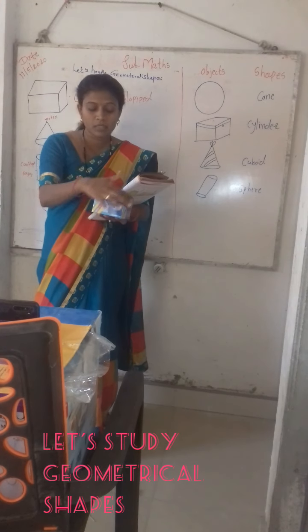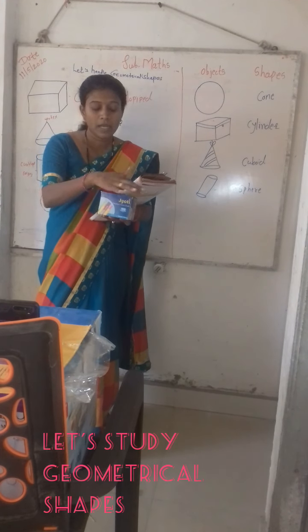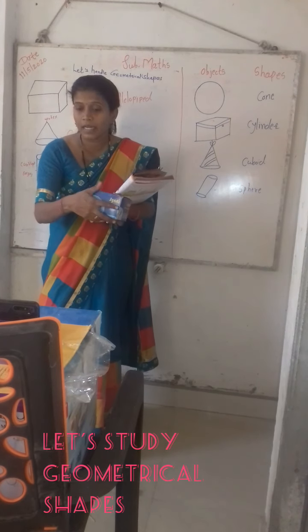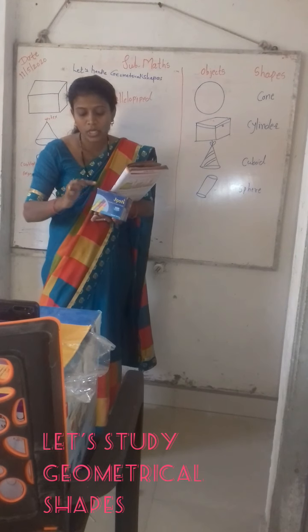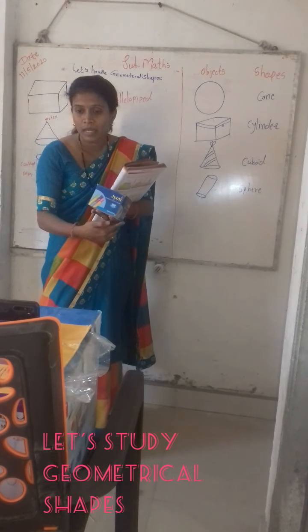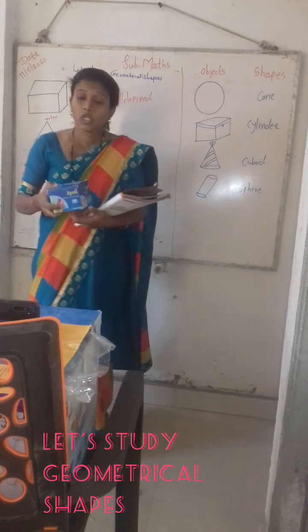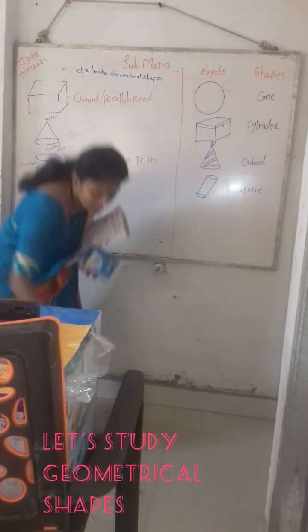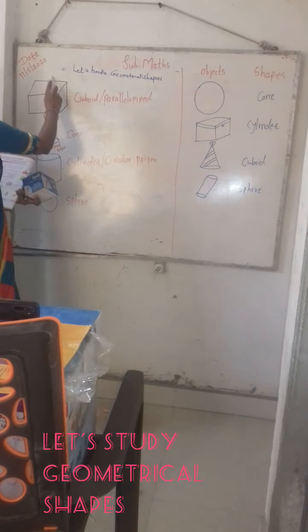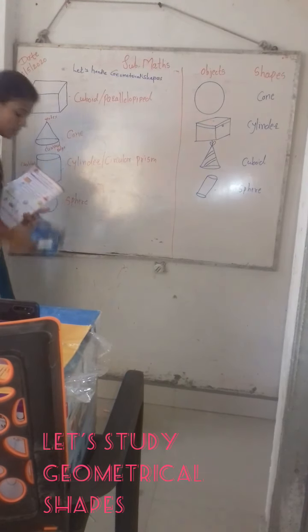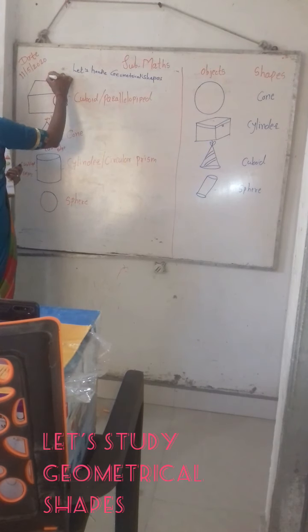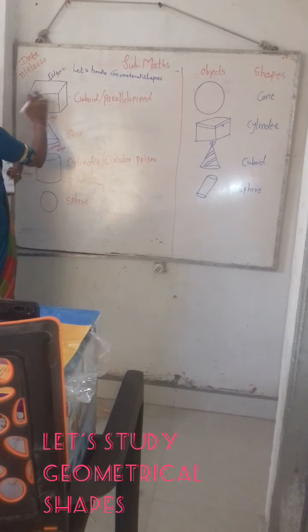Okay. It's the cube shape and it has 8 vertices. Understand? It has 8 vertices, means 1, 2, 3, 4, 5, 6, 7, 8. And it has 12 edges. Edges mean these sides. We can call these sides edges. For example, these are edges. Edge means side.